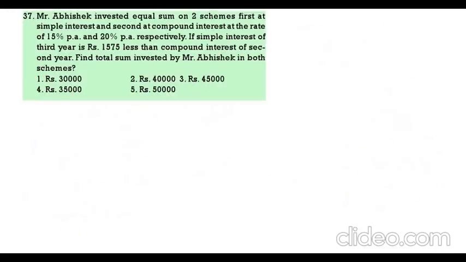Mr. Abhishek invested an equal sum in two schemes, first at simple interest and second at compound interest, at the rate of 15 and 20. If the simple interest for the third year is 1575 less than the compound interest for the second year. Here the simple interest is 15%, compound interest 20%. Compound interest for 2 years at 20% means total 44.